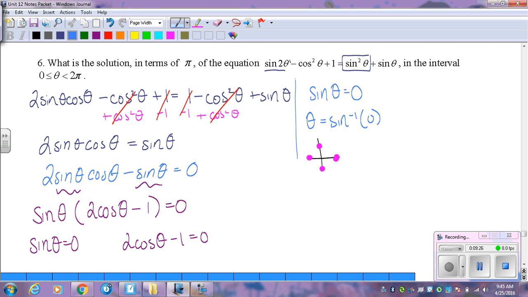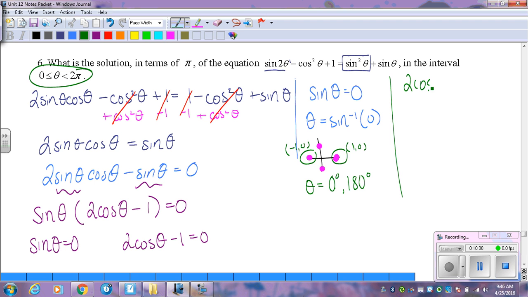Whose angle has a sine value of 0? As I go around my circle, I know there's one of them, because that would be the point 1, 0. That would have a sine of 0. And that's also going to happen over here at 180 degrees, because that's negative 1, 0. So this first side that we're working with has two different answers. It has 0 degrees and it has 180 degrees. I'll deal with putting the answers in terms of radians in just a minute. Let's get all of our degree values first, though.